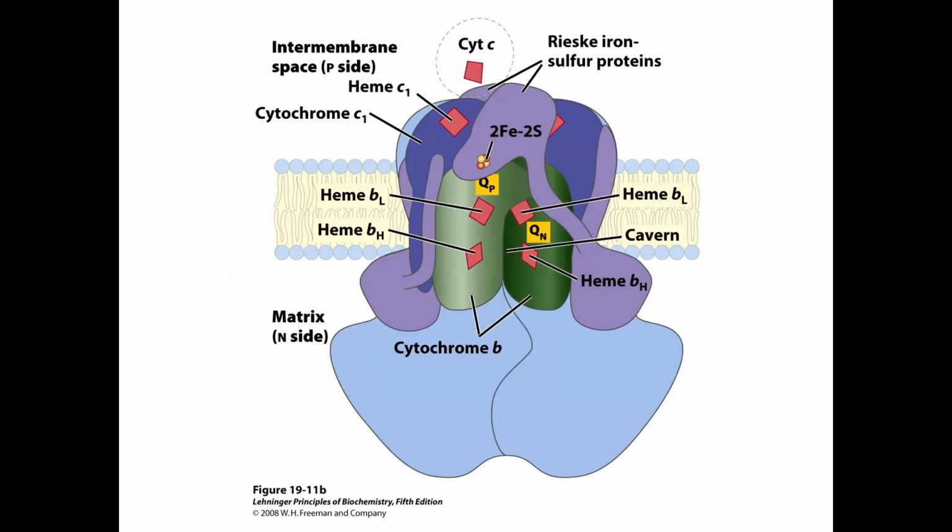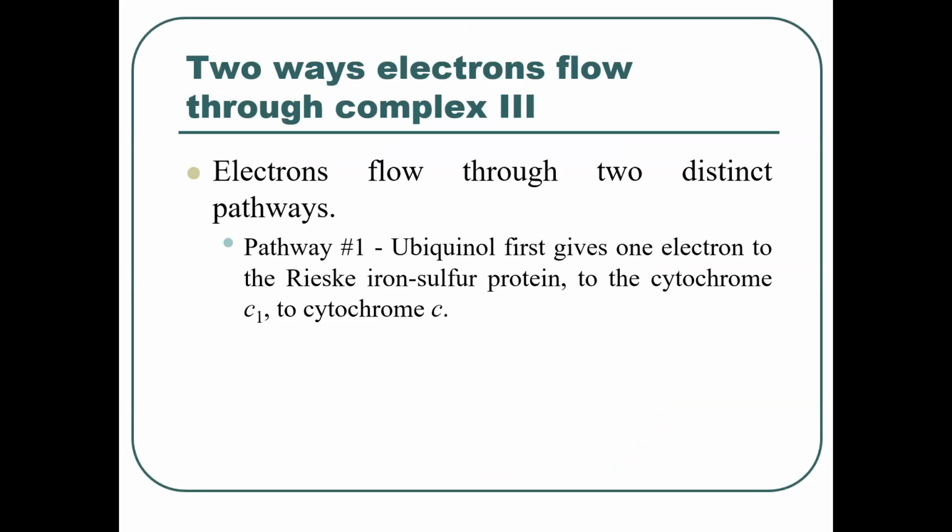All right, so here is a cartoon of our complex 3. And electrons flow from the ubiquinol via 2 different pathways. In the first case, pathway 1, the ubiquinol gives its electron to the Rieske iron sulfur protein, and then to the C-type cytochrome, and then it goes to cytochrome c.